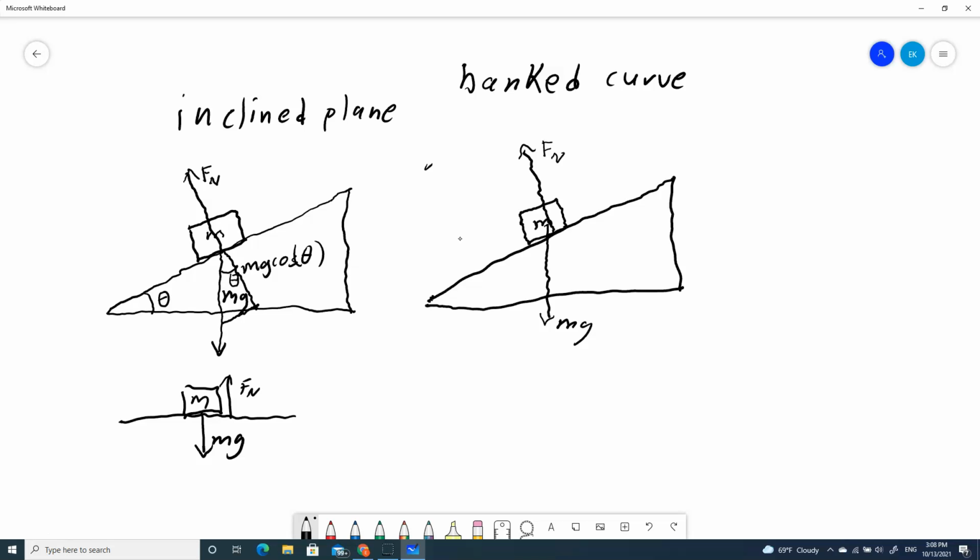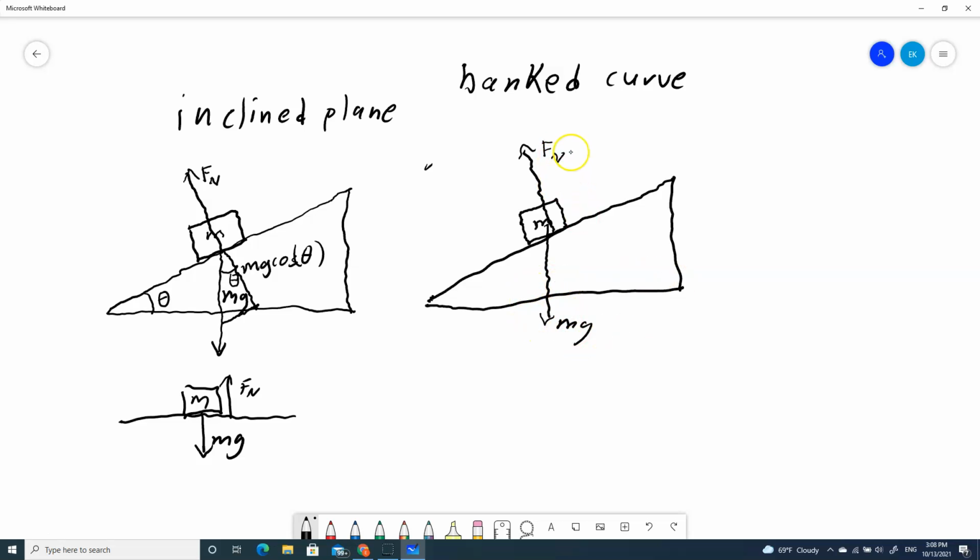But in this case, instead of like in the inclined plane where the mass slides down, the mass in this case does not slide down. Because imagine if the NASCAR cars just started sliding their wheels and going down, it'd be a disaster. So this object in this case does not slide on the incline. And what that means is that the force normal in this case has a vertical component that is directly opposing the force of gravity.